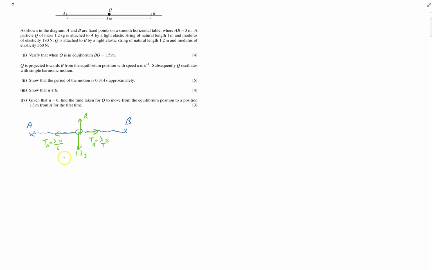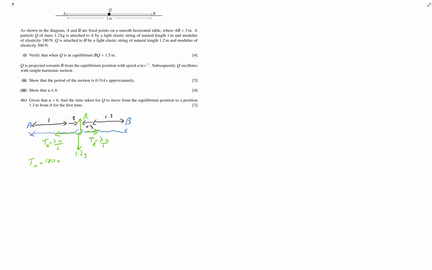So let's show that TA equals lambda, and lambda for this one is 180, so it's 180 times the extension. Well, I haven't put that in, let's put that in there. That's 1, and the extension here is 0.5, and this one here is 1.2 natural length, and then we've got 0.3.